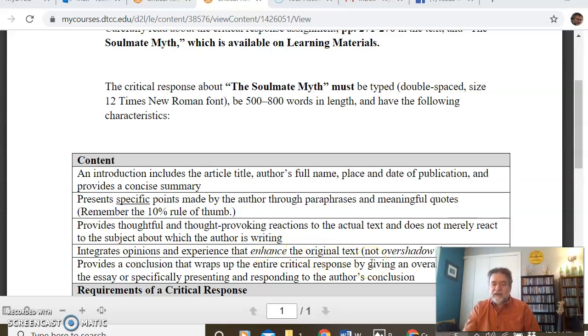What that means is, okay, you have presented Bonnie Christian's idea about something, and you want to tell me about your aunt and uncle who have been living together for 30 years and are happy and never got married. So you're disagreeing with something. That's fine. Your aunt and uncle's story can certainly be part of that. But make sure it is reacting to what Bonnie Christian actually wrote, not to the overall subject. We need to have you doing that. You want to make sure that you're enhancing the text, not overshadowing it.